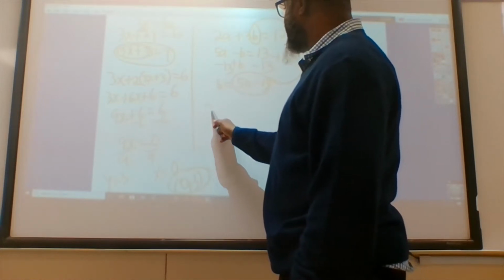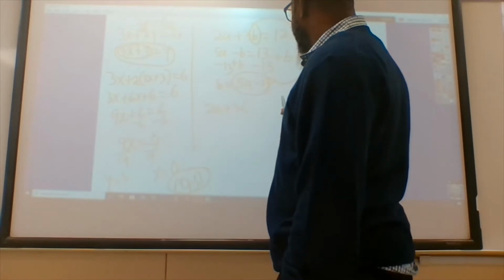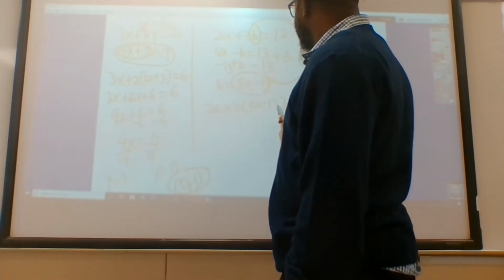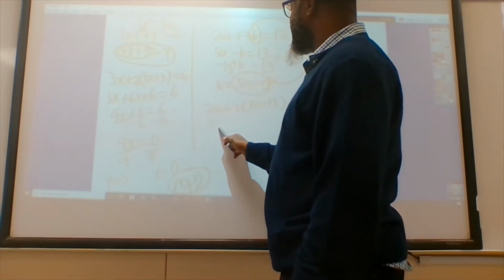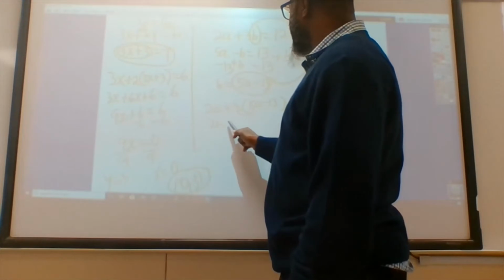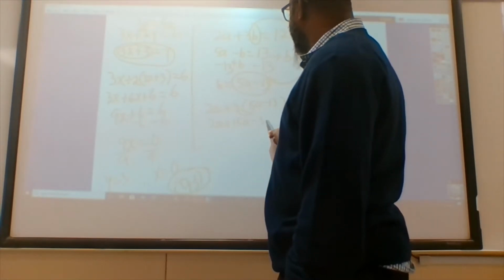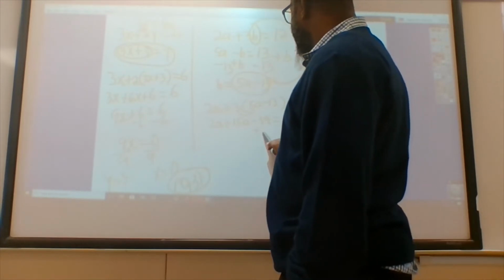So we'll have 2a plus 3b, where b is 5a minus 13, is equal to 12. So we'll have 2a, distributive property, plus 15a minus 39 is equal to 12. Add 39.